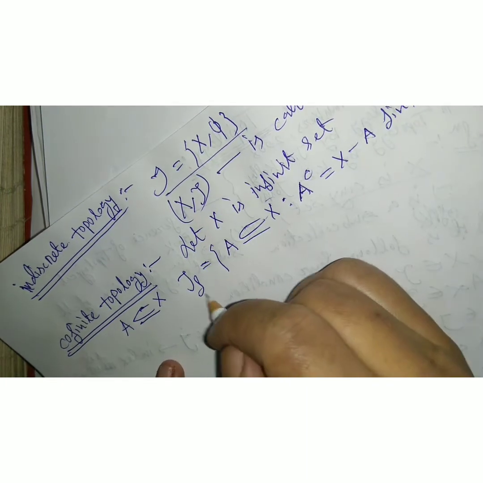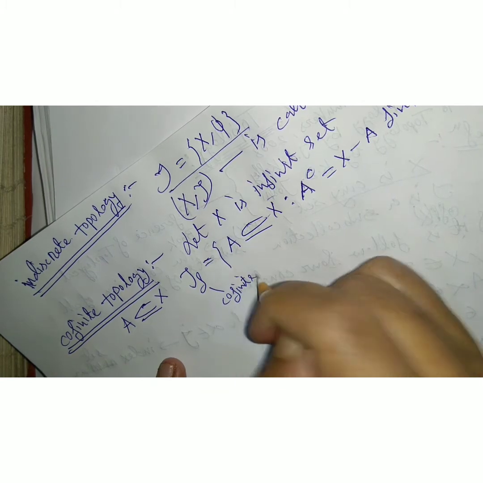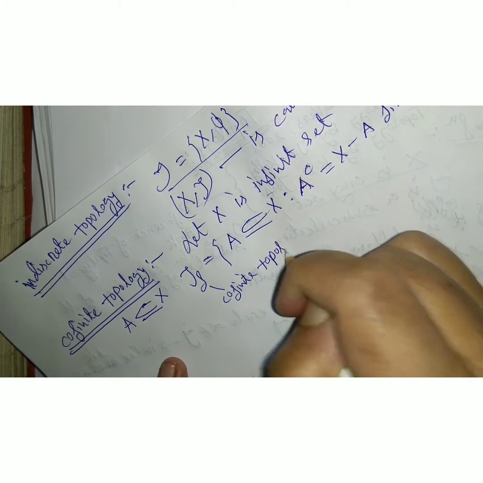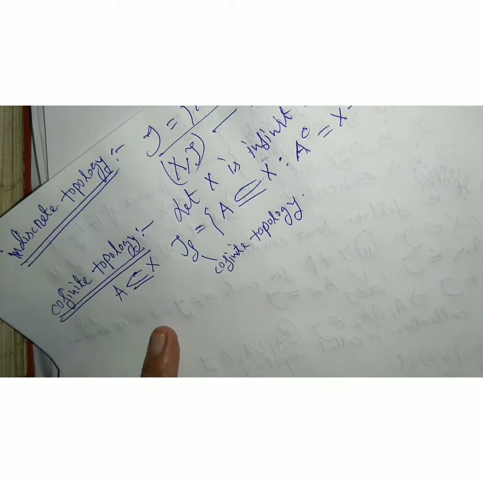Then tau f is called the cofinite topology. This is very, very important.